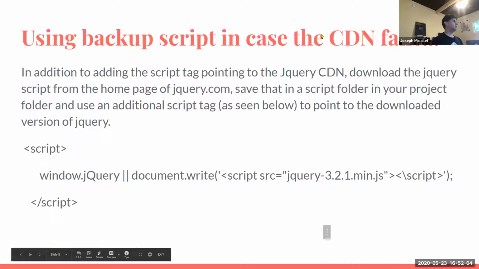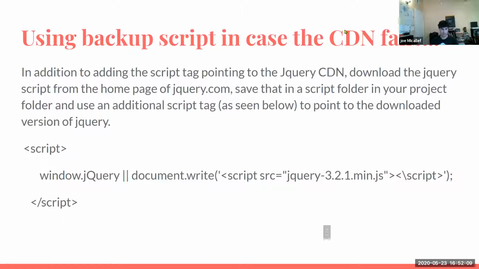In case the CDN is not working, let's say you have a really bad web connection and you still want to work in jQuery, you can download that whole minimized script, save it somewhere, and then point to it this way. There's an option to use a backup. You save it in a script folder and use this additional script tag to point to that downloaded version.